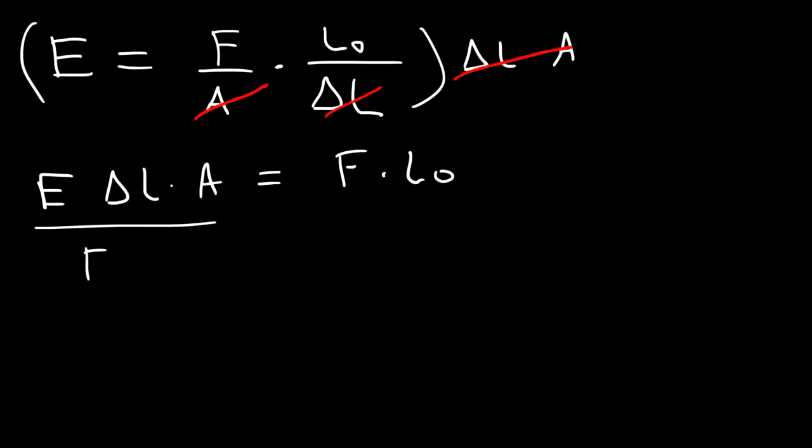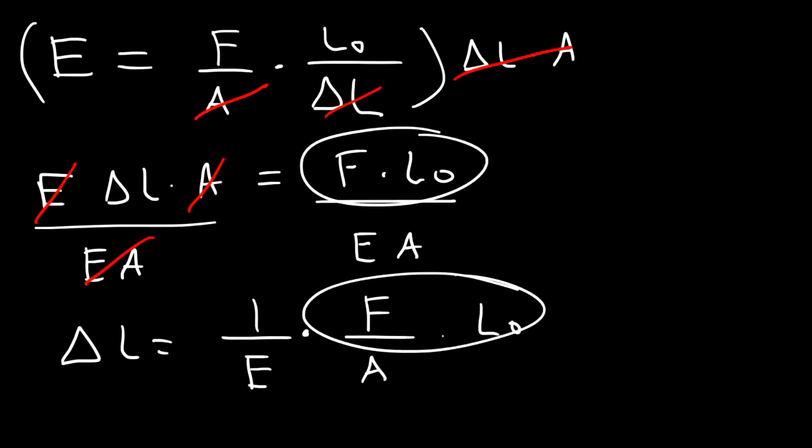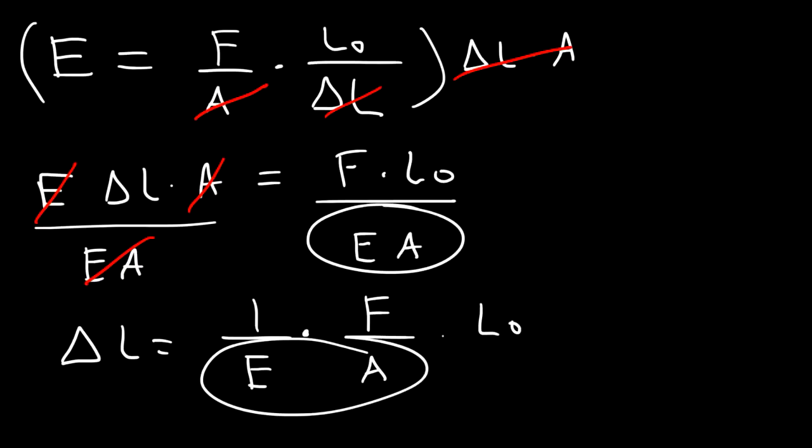Now let's divide both sides by EA. So delta L is 1 over E times F divided by A times L0. We can see F and L0 are on top and E and A are on the bottom of the equation.